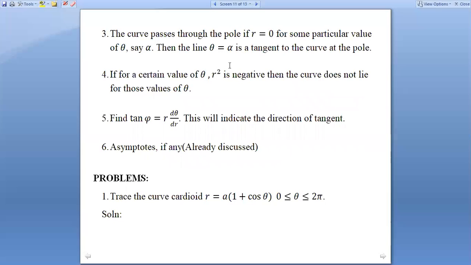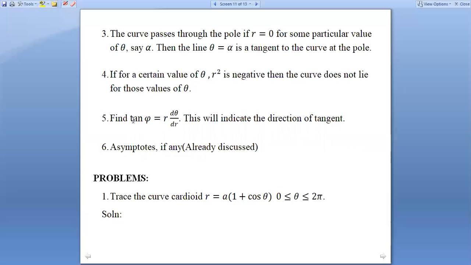Now, if for a certain value of theta, r square is negative, then the curve does not lie for those values of theta. Because if r square is negative, we cannot find a value for r. The radius vector becomes imaginary. So for those values, the curve does not lie.